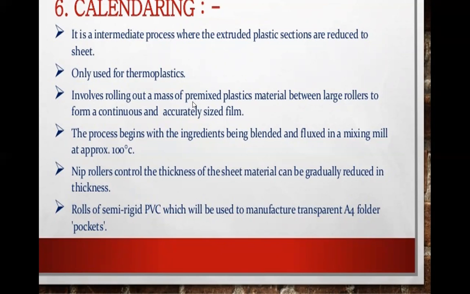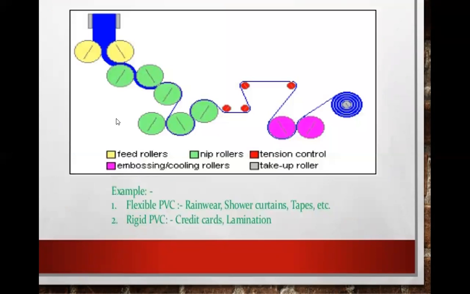It contains large rollers to form a continuous and accurately sized film. The process begins with the ingredients being blended and fluxed in a mixing mill at approximately 100 degrees centigrade.